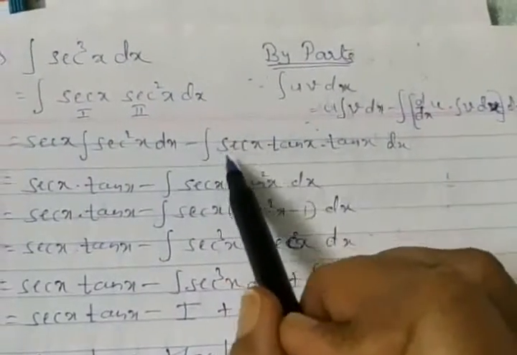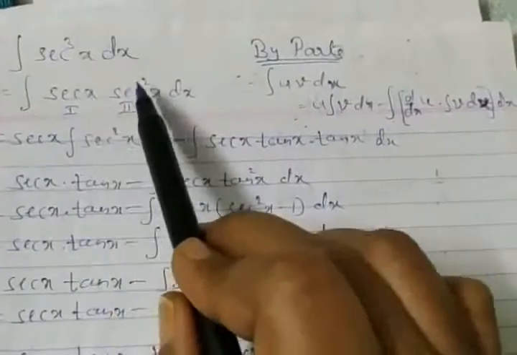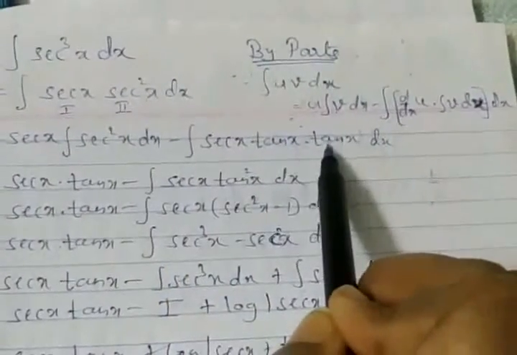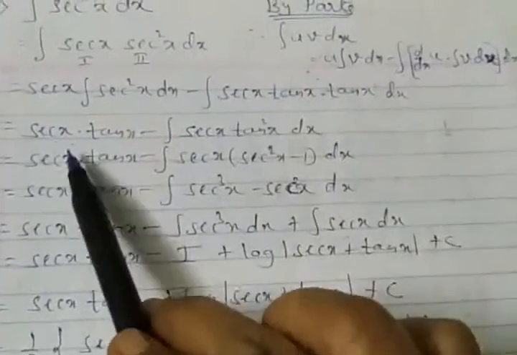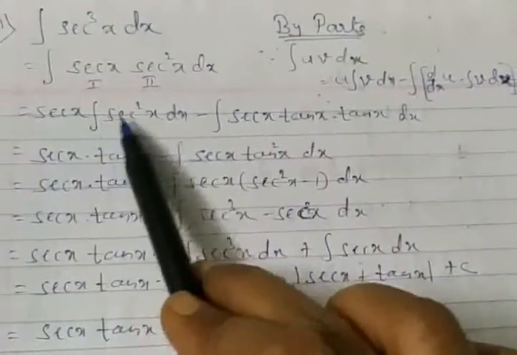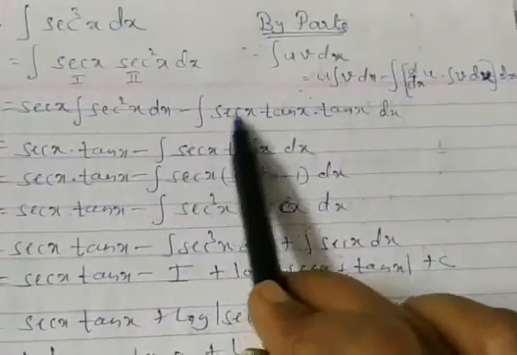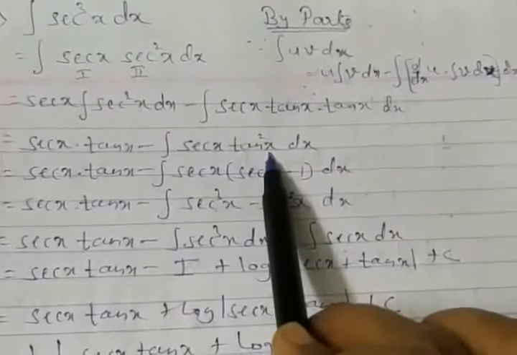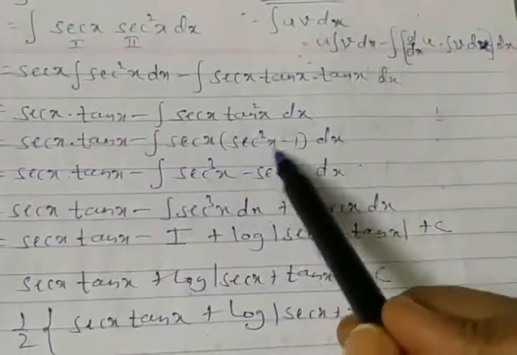So let's multiply everything. We are left with sec x tan x minus integration of sec x tan square x with respect to x. Here tan square x can be taken as secant square x minus 1.